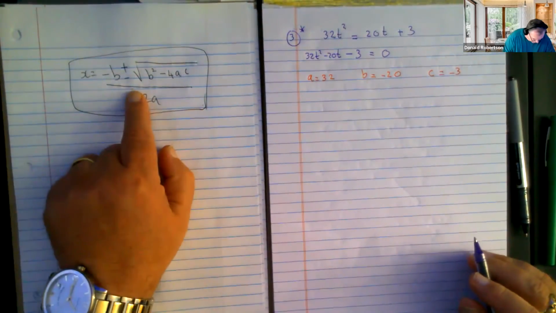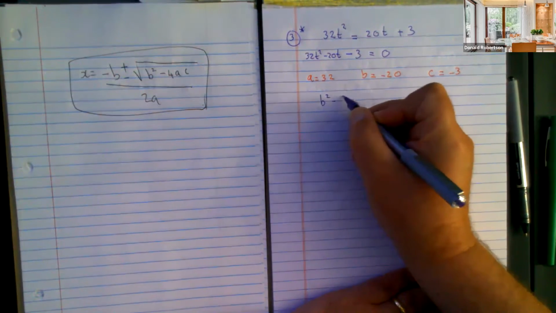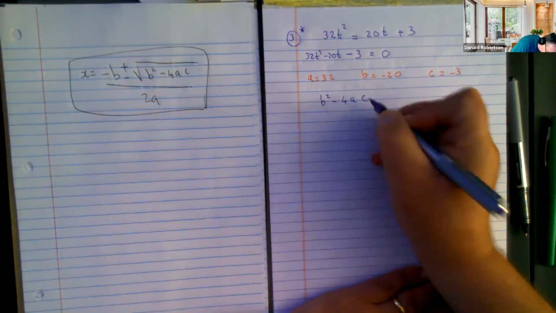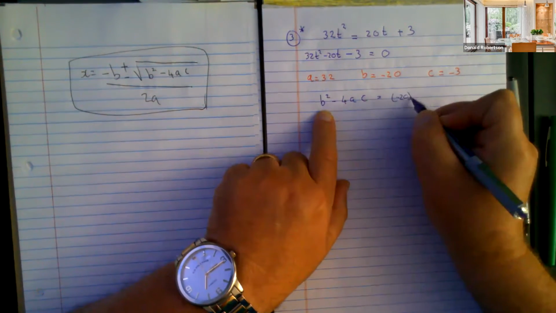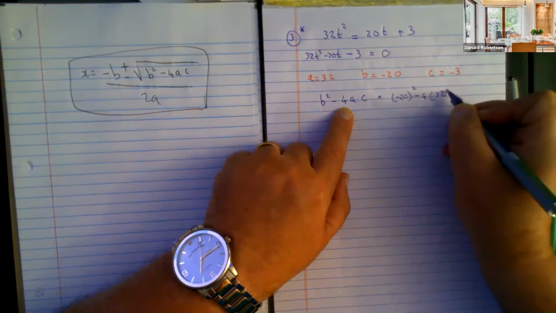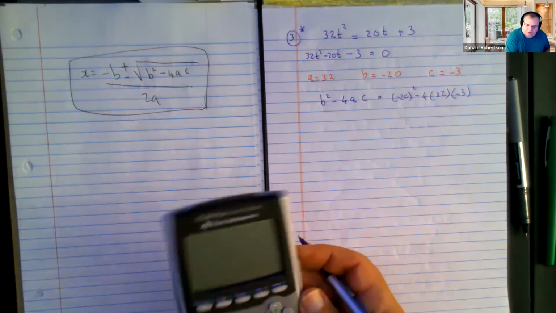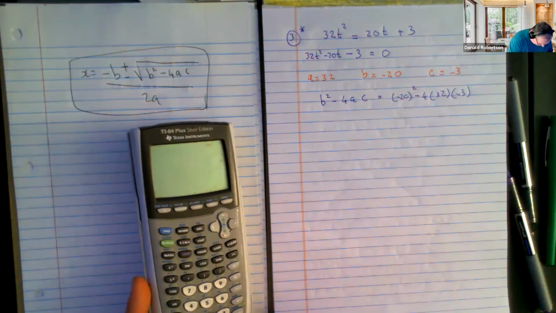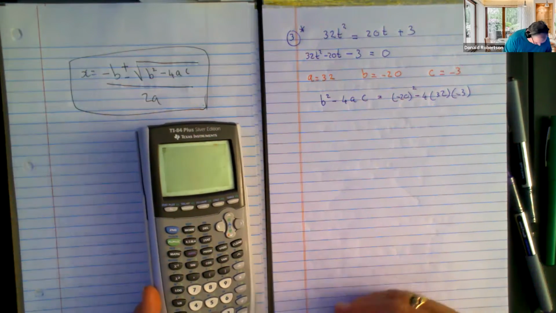And I will be using this formula, but this time I'm going to do this guy first. So it's going to be negative 20 squared, take away 4 times 32 times negative 3. Now, whenever you get something that is really ugly and obviously needs a calculator, let's start.